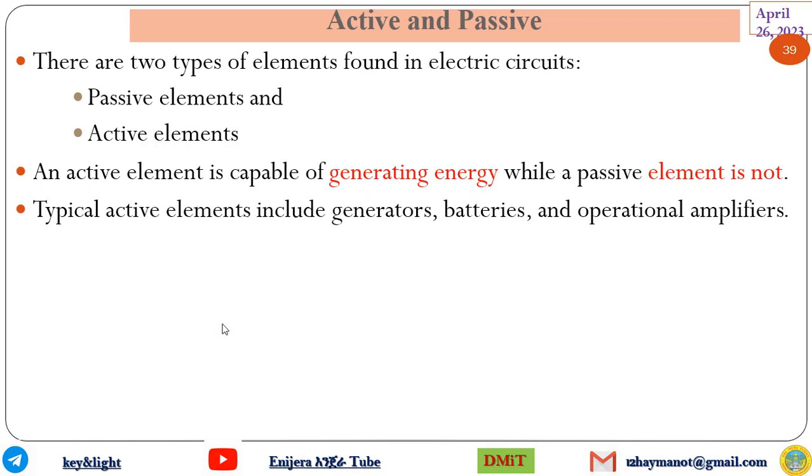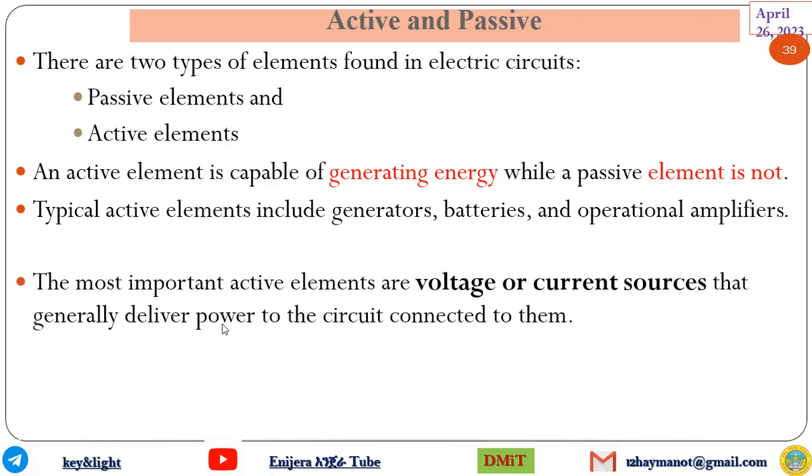An active element is capable of generating energy, while passive elements consume, not generate, energy. A typical active element includes generators, batteries, and operational amplifiers.